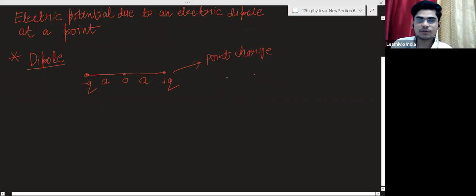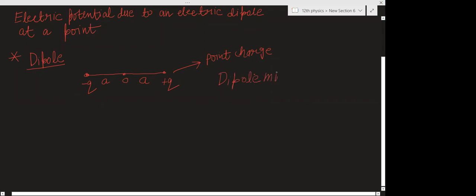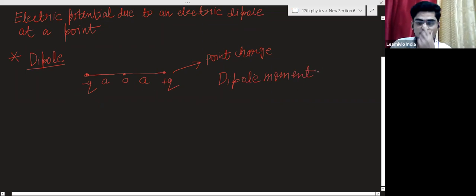Have you heard about the dipole moment? Okay, no problem. I represent the dipole moment with P, and its value can be calculated by taking the magnitude of any one charge and the distance between these two charges.